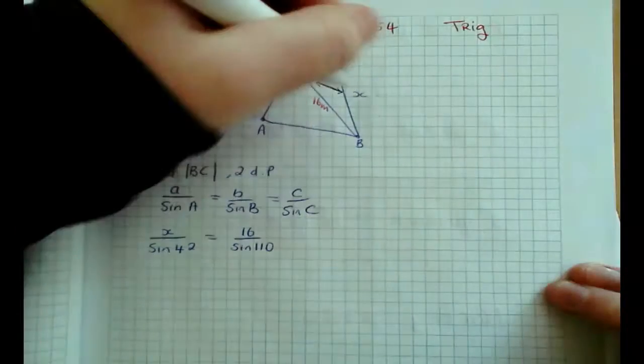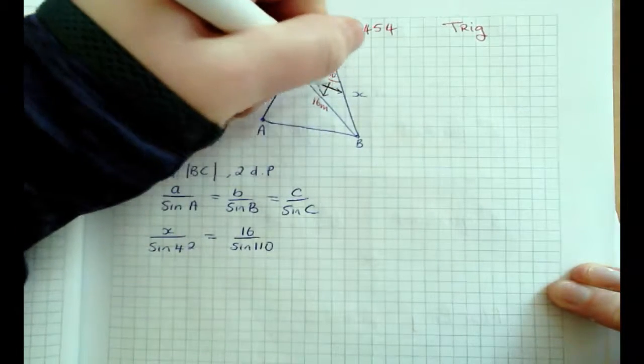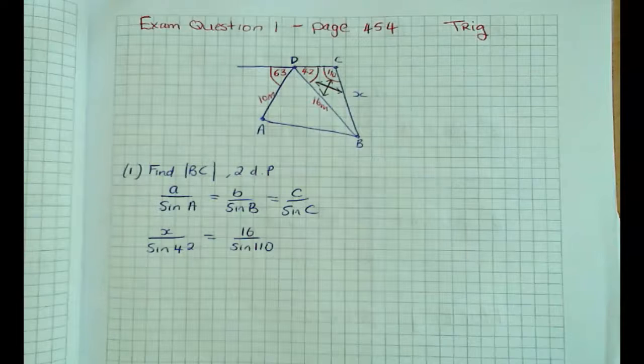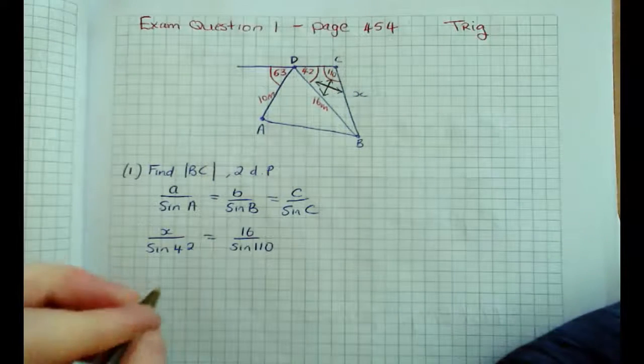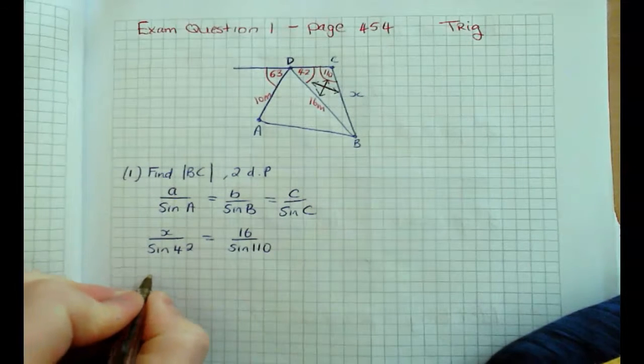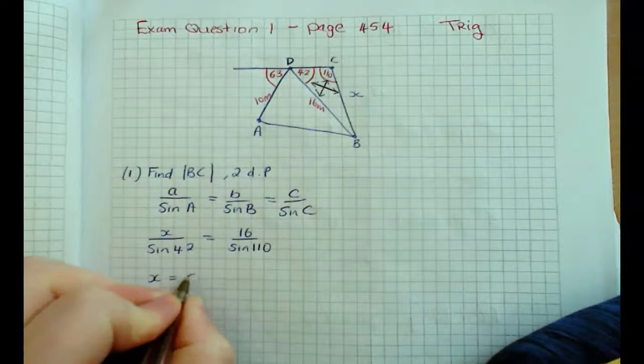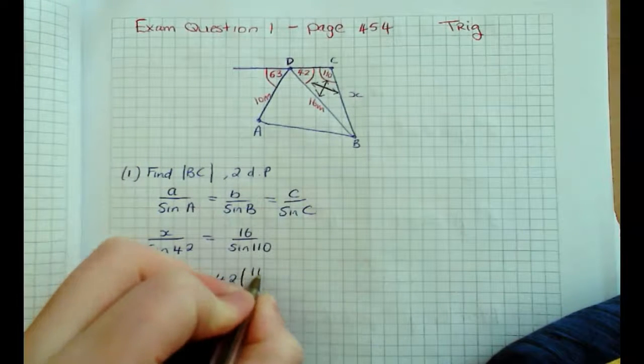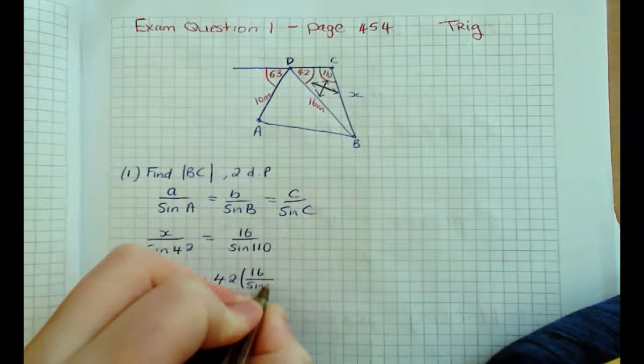Okay, so again, opposites go together for non-right angle triangles. Then we multiply across by sine 42 to get rid of our fraction and get x on its own. x is equal to sine 42 times 16 over sine 110.